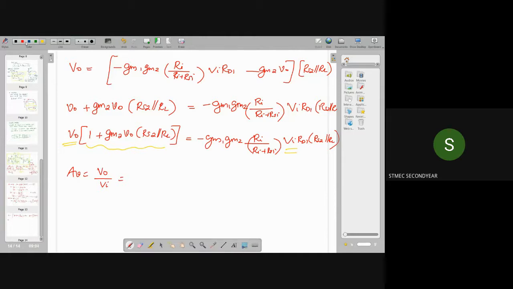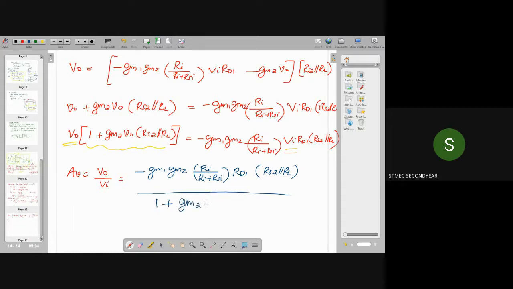So V out by Vin is minus GM1 into GM2 into Ri divided by Ri plus Rsi, into this Rd1 into Rs2 parallel RL, on the right side, divided by 1 plus GM2 into Rs2 parallel RL.